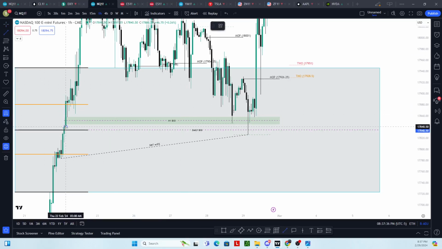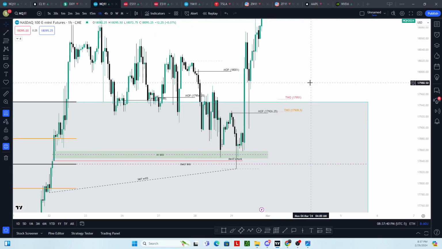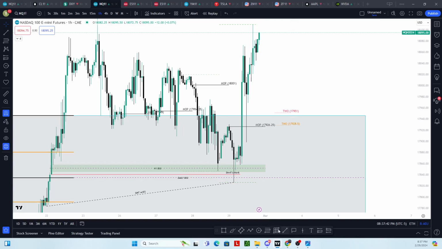And one thing I want to note is this devil's mark here. A devil's mark is basically a candle with no wick. And when you think about any candle in price, every candle has, let's draw this out really quickly. It's a little janky, apologize for that.